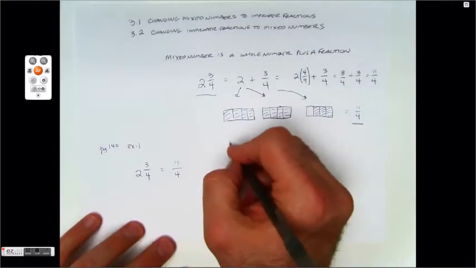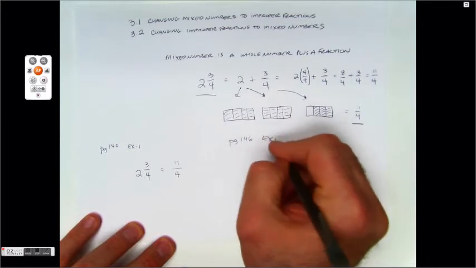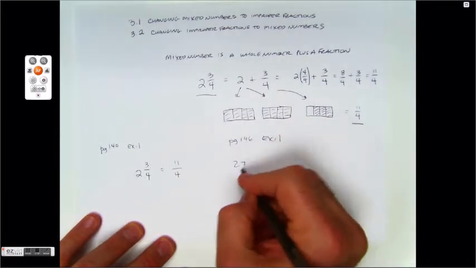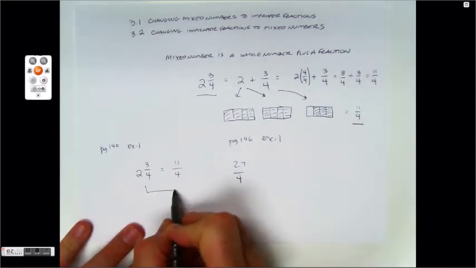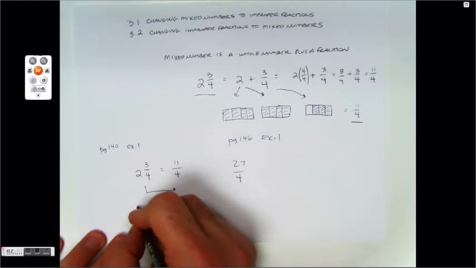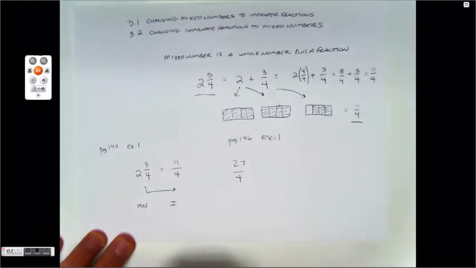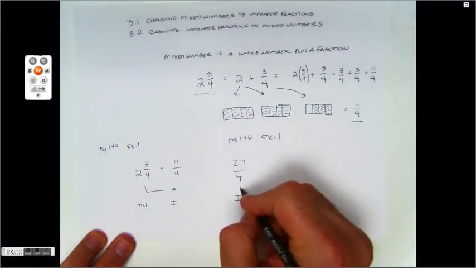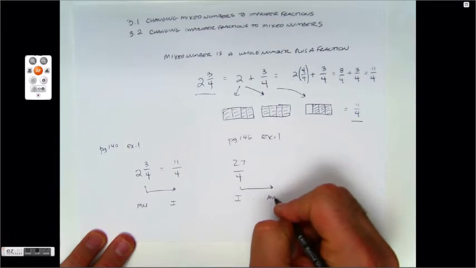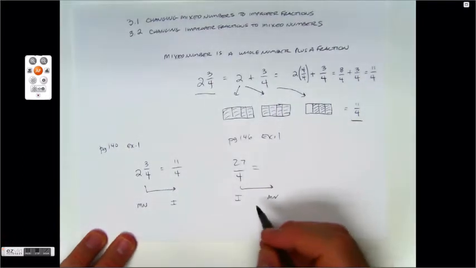Okay? Alright, and then I'm going to jump to page 146, and this is also example 1, and this is 27/4. Now, we talked about if you go one way, let's say we go mixed number to improper, which is what we've done here. I'll put MN to improper here. Now we've got to go the other way. So if we have an improper, we want to be able to go to a mixed number. And this is simply division here.